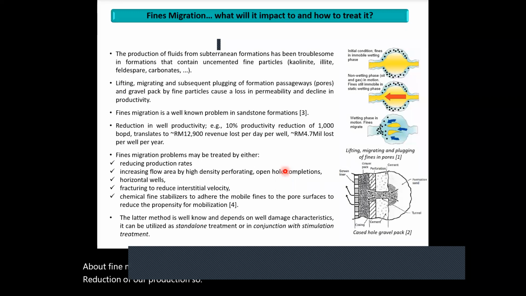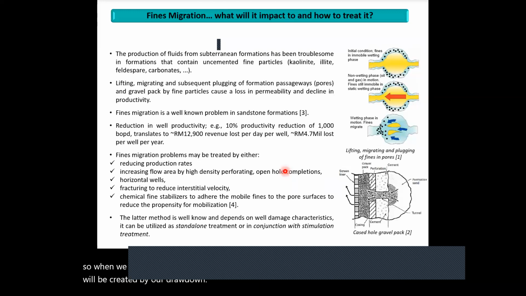Normally, the thing we need to know is that in subterranean or subsurface formations, specifically in sandstone reservoirs, there are some uncemented fine particles, and these include kaolinite, illite, feldspar, and other types of carbonates. When we produce from our reservoir, we will induce some drag forces, and these drag forces will be created by our drawdown.